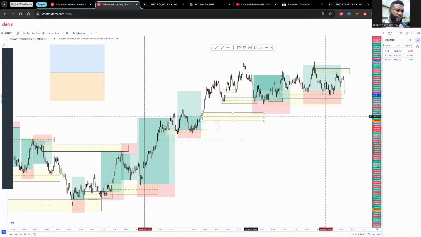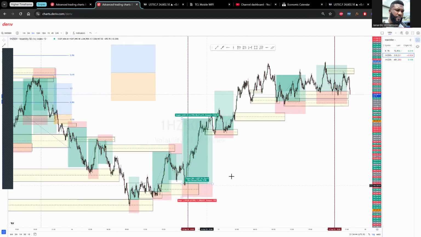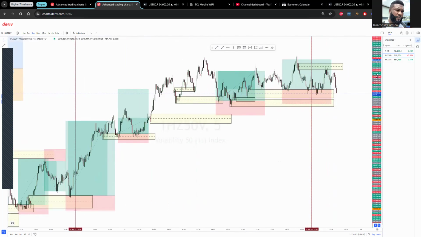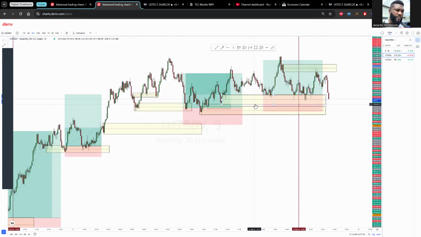And I'm not even going to count the counter trend trades because we're in an uptrend since we hit the higher time frame demand level down here. So those were the opportunities to get into trades today.